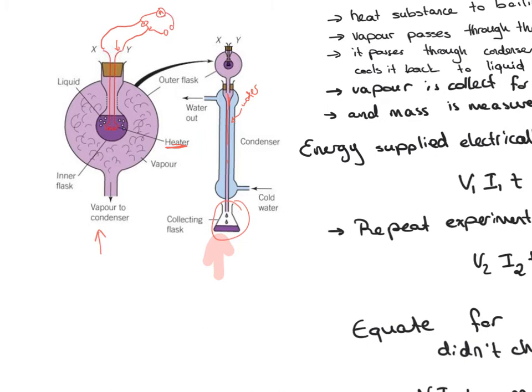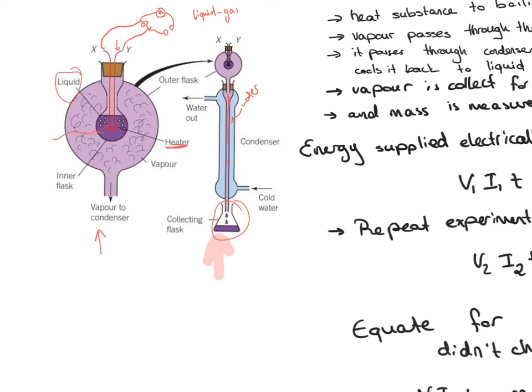So the heater is used to heat up a liquid. Remember, latent heat of vaporization measures how much energy is required to change a substance from liquid to gas. Hence why we have a liquid here.